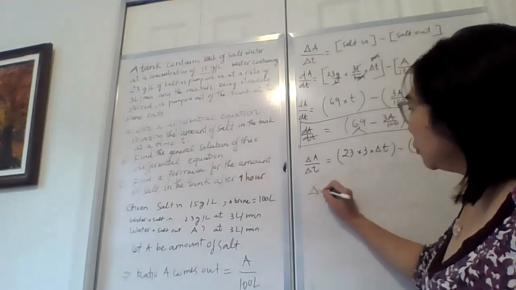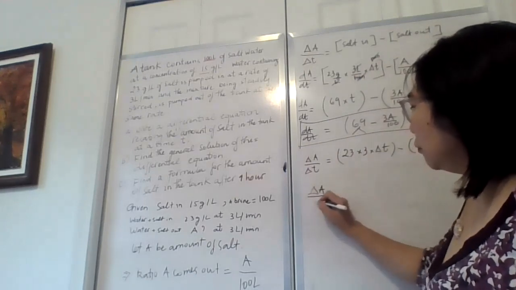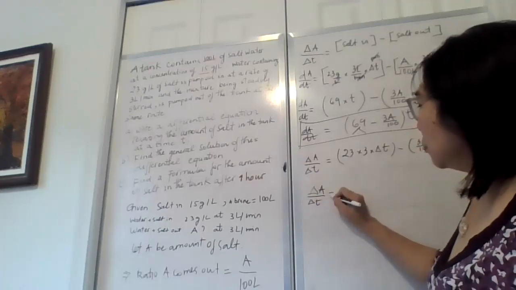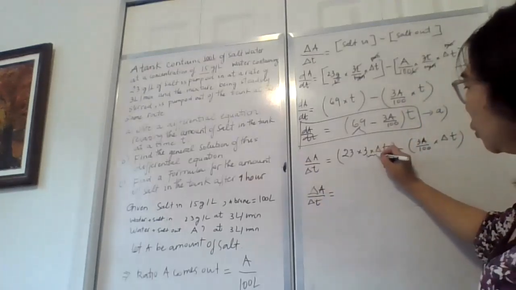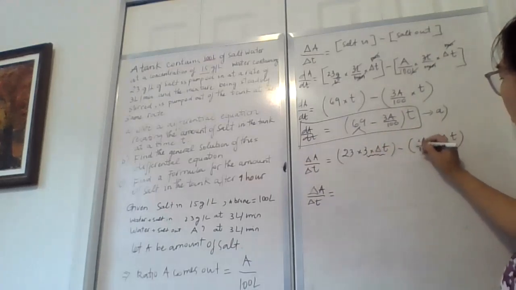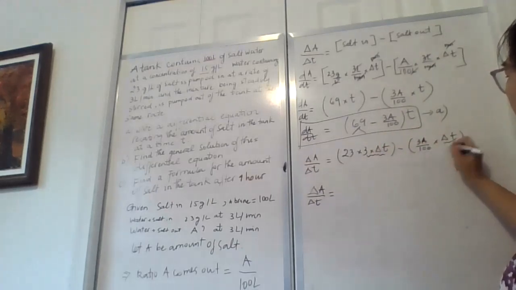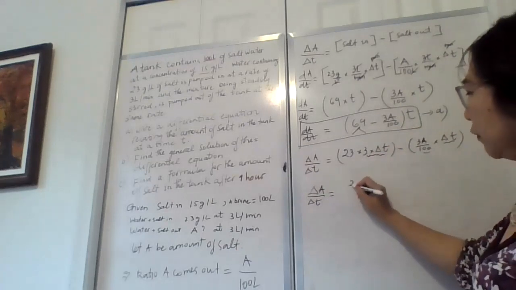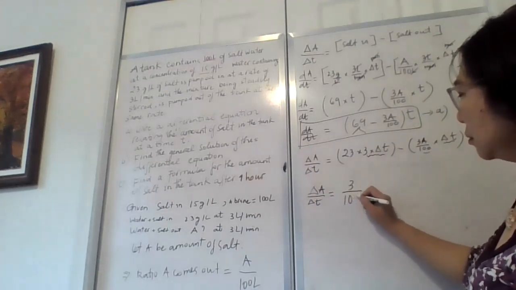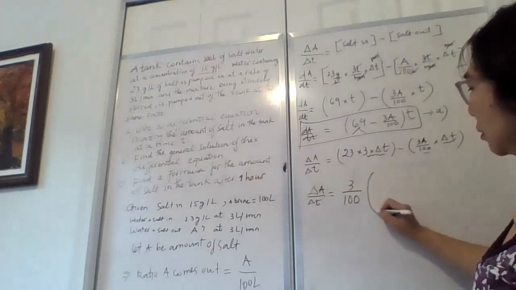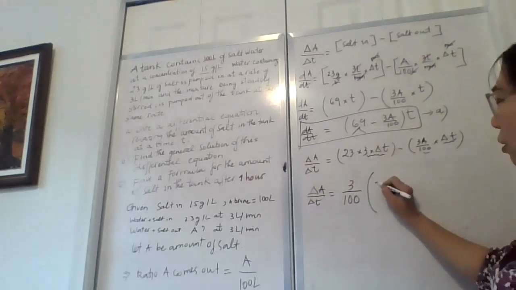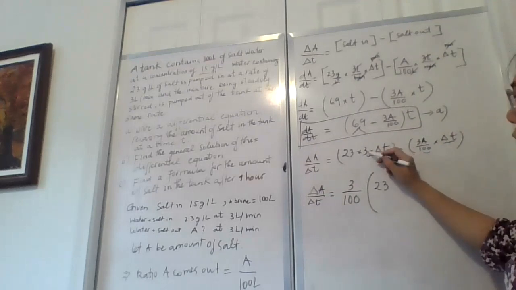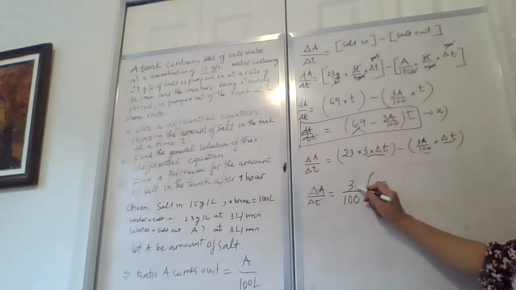I'm going to put delta A over delta T will be equal. I'm going to factor out the 3 times delta T and the 3A over 100 times delta T out. So I'm going to factor out this. Time with. Okay, so inside I have 23. Now I don't need 3 because I have 3 times already here, right?